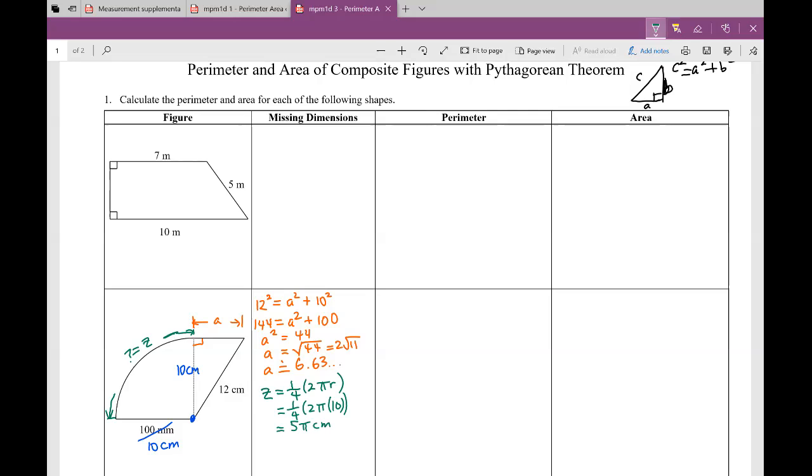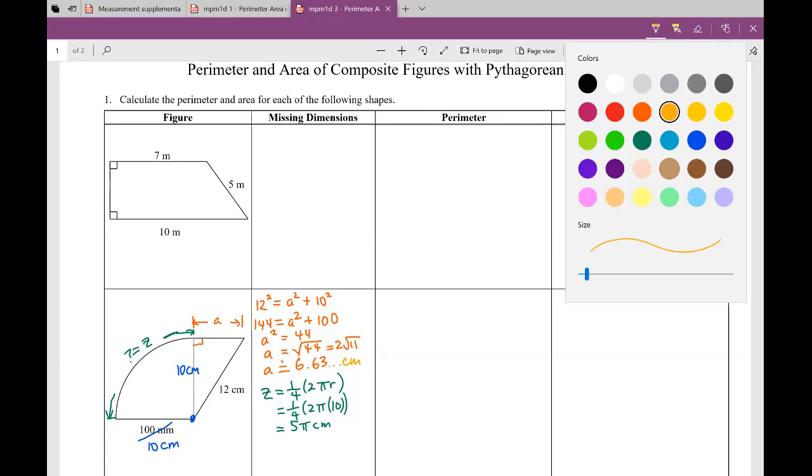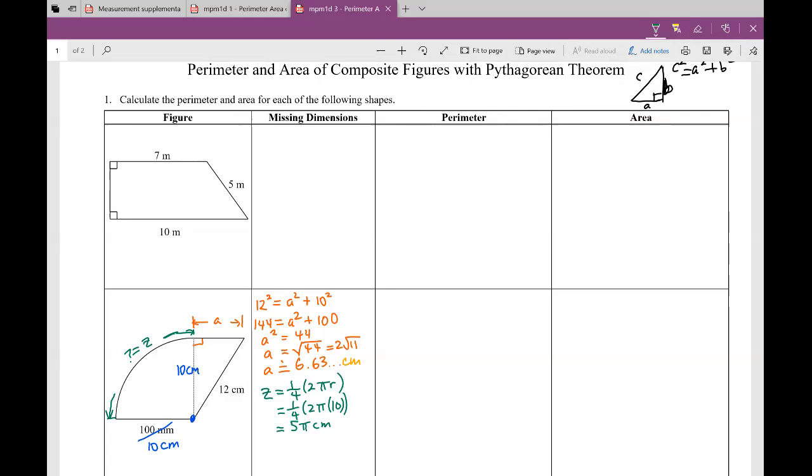And I forgot our units in the other one. However, 5 pi centimeters isn't so useful. I'm going to take out my calculator really quickly. It's approximately 15.707 centimeters.